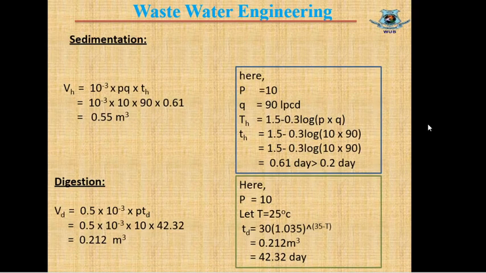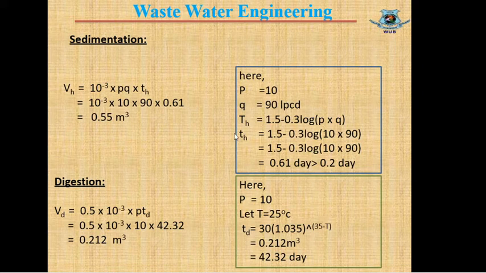If we replace the values of P and Q, as P is 10 and Q is 90, the value of TH stands to 0.61, and this is greater than 0.2 days.